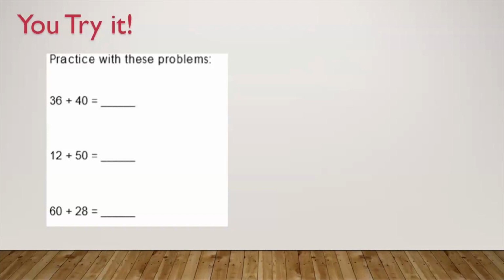Okay, so hopefully you're working through this first problem. I'm going to show you what I like to do. I like to put the problem up and down, vertically, because I like to be neat.